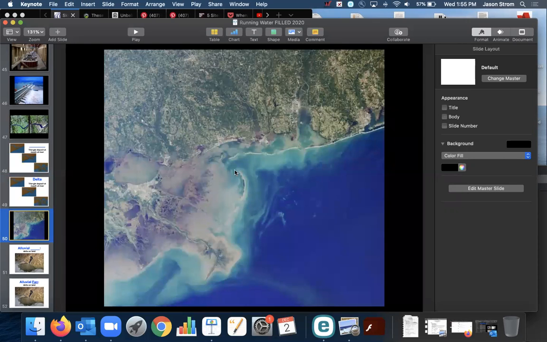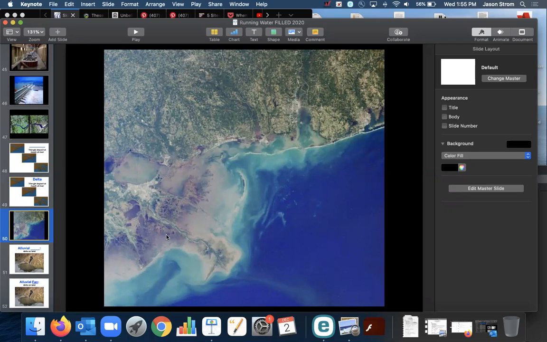So you can see all this tan, cloudy stuff in the water. That's sediment from the Mississippi that it's emptying into the Gulf of Mexico. And like I said, it takes a long time, but it does build up and eventually forms land.